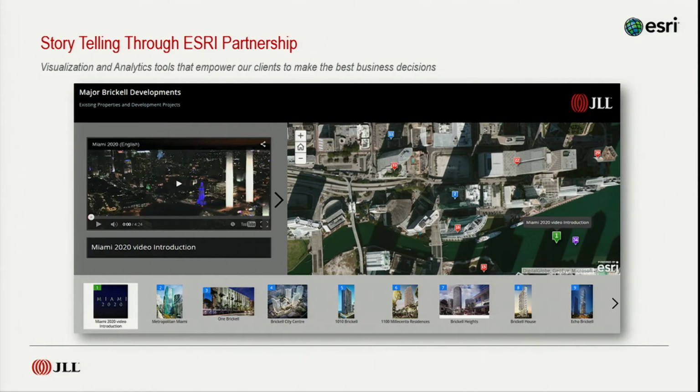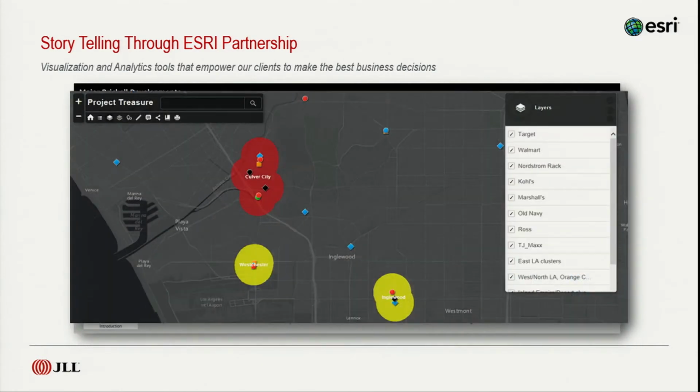Now, through Esri and AGOL, we're able to share stories with our client, allow them to view their information, in this case, a retail dynamic map environment where the retailer can view their site selection from a JLL broker far prior to them even possibly going on tour.